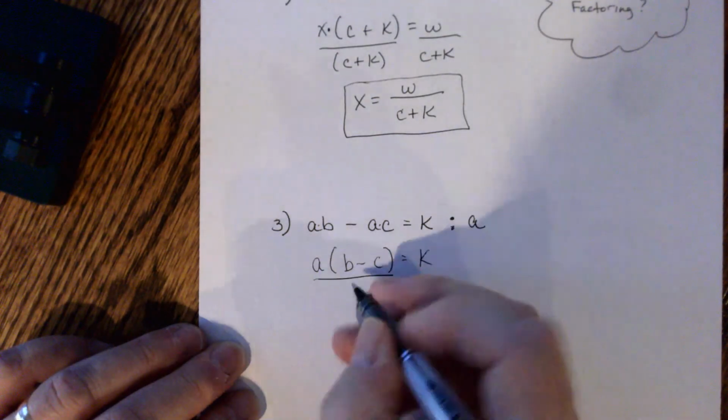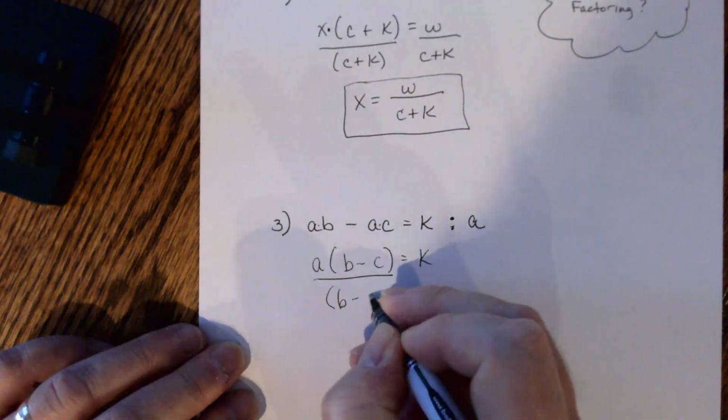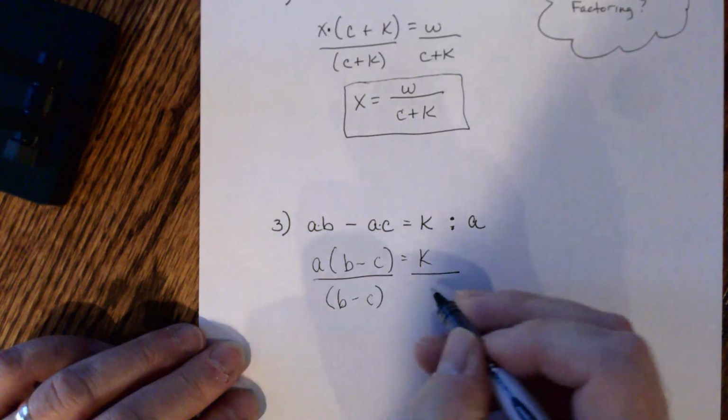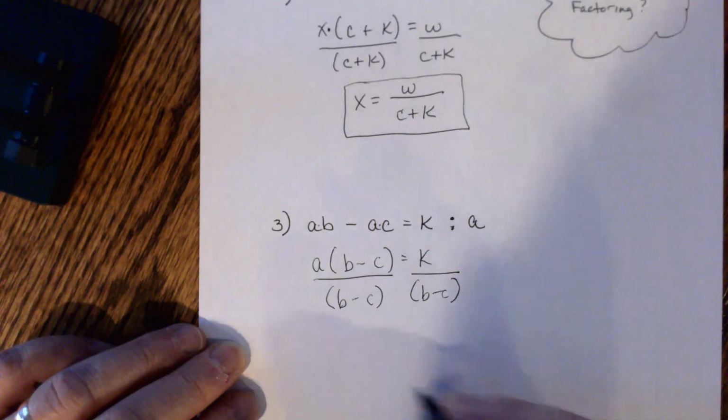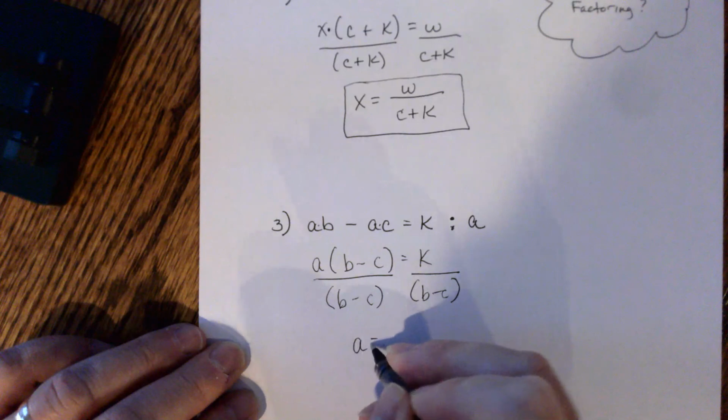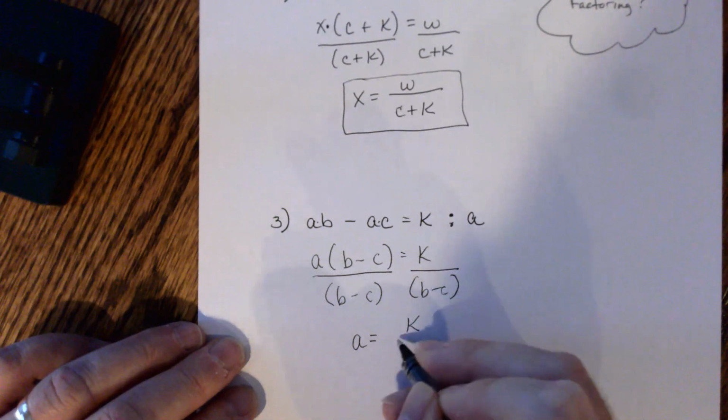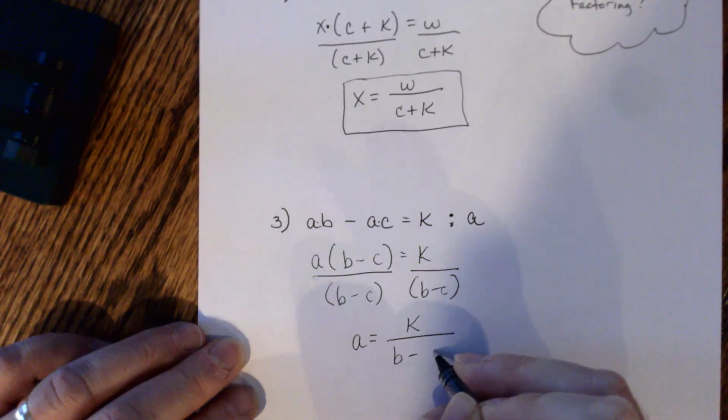Once I factor that out, I can now divide by b minus c, and I end up with a equaling k all over b minus c.